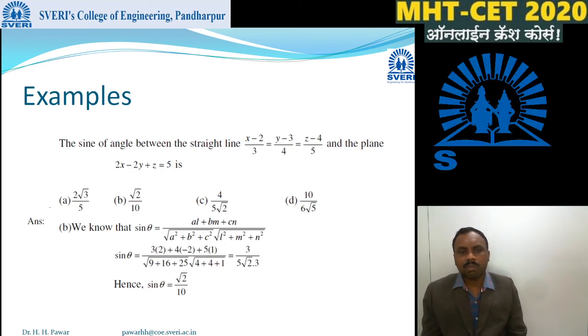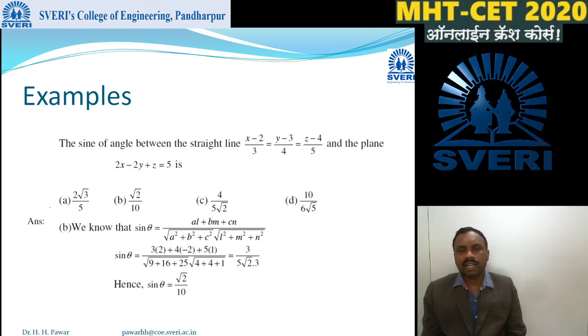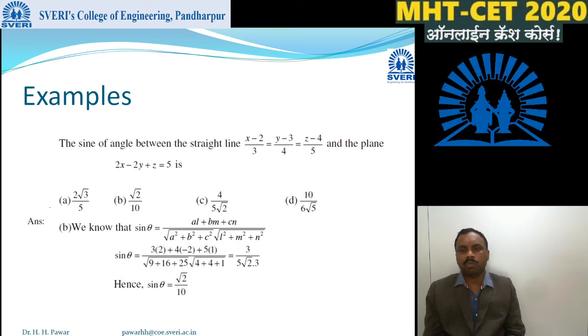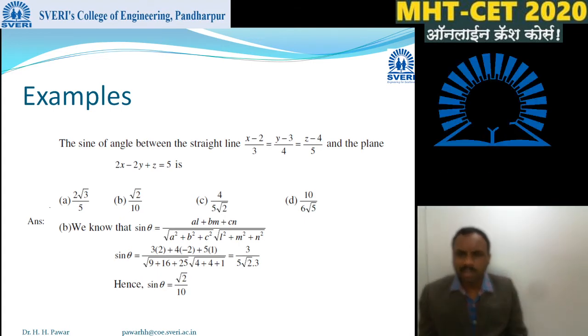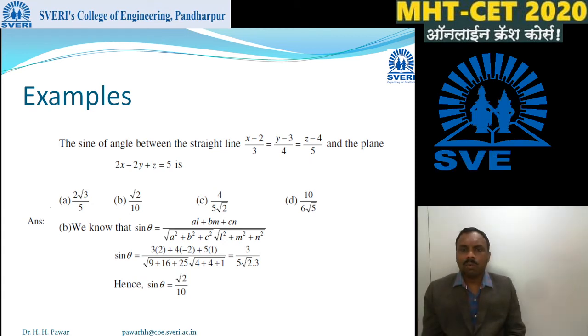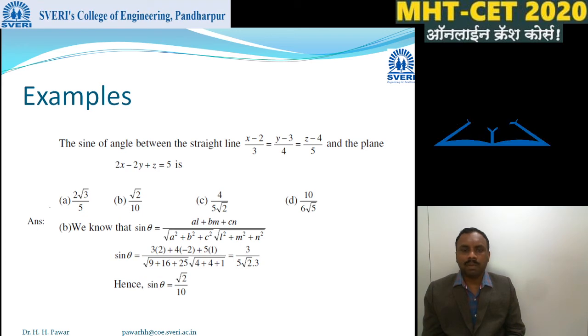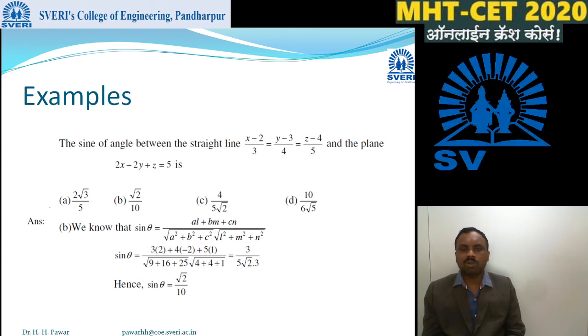Next, the sine of the angle between the straight line (x minus 2) upon 3, (y minus 3) upon 4 equal to (z minus 4) upon 5, that is the equation of a line passing through the point (2, 3, 4) having direction ratios 3, 4, 5, and the plane 2x minus 2y plus z equal to 5.